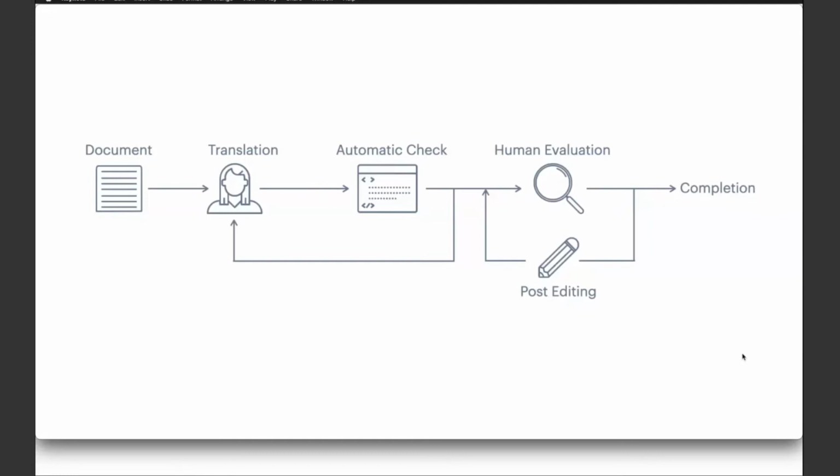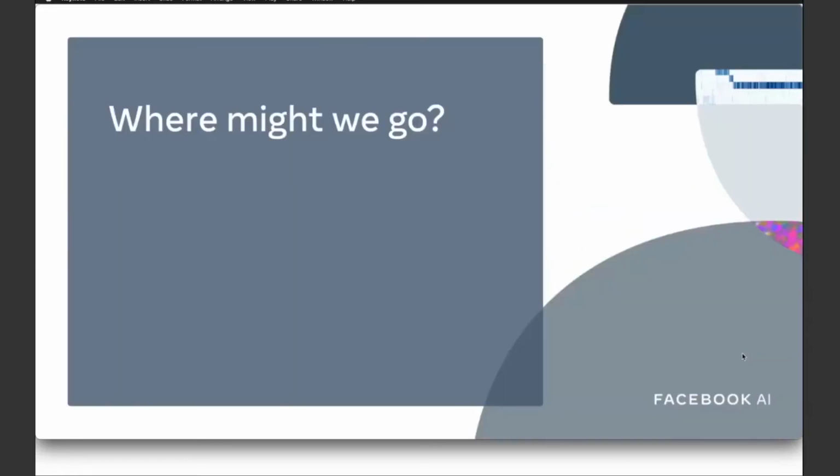And then this goes into post-editing. So if the separate translation team decides the quality is not stringent enough, we send it back to our initial translators and they produce better translations. And then if everything checks out, meets our quality bar, then we can complete it and enter it into our machine translation evaluation dataset.